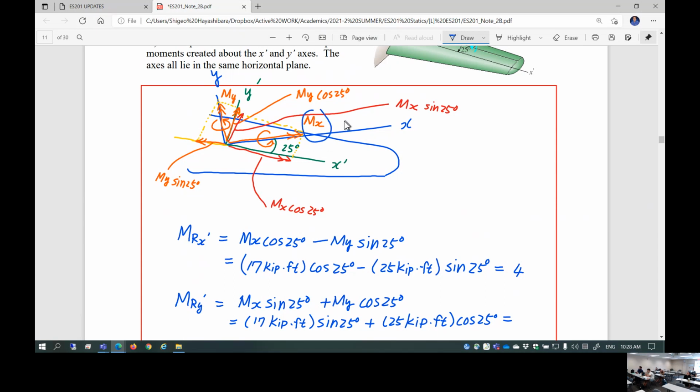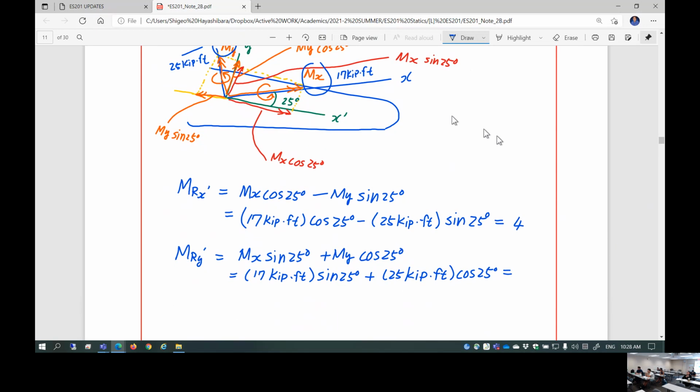So this MX is 17 cubic foot. Yeah, that's correct, cubic foot. MY is 25 cubic foot.